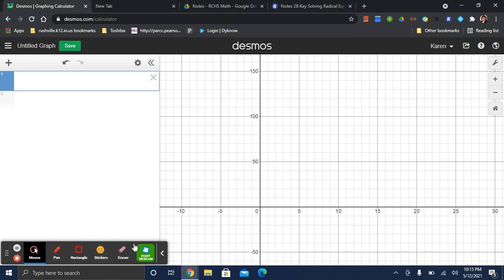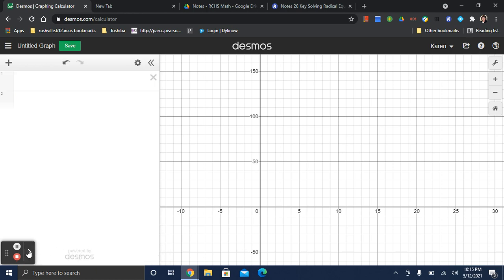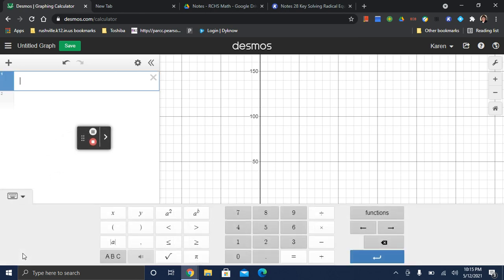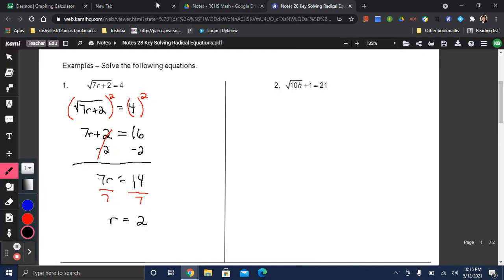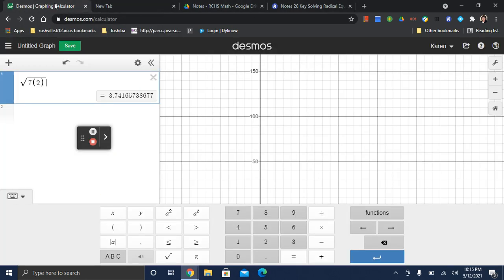Let me close this, move it out of the way. So bring up your square root symbol. Do 7, and it was an r where we got a 2. So it's 7r plus 2 inside of the square root. We got an answer of 2.